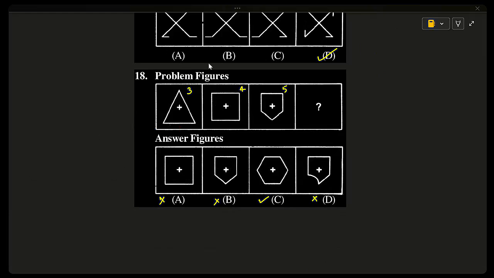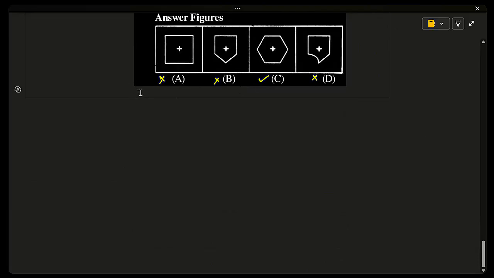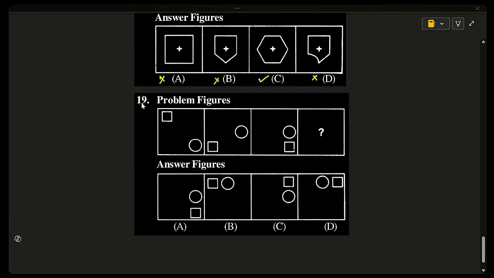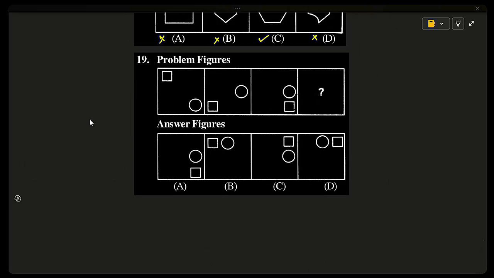19th one. What is the pattern? Let us concentrate on each figure separately first. First I am concentrating on the square.